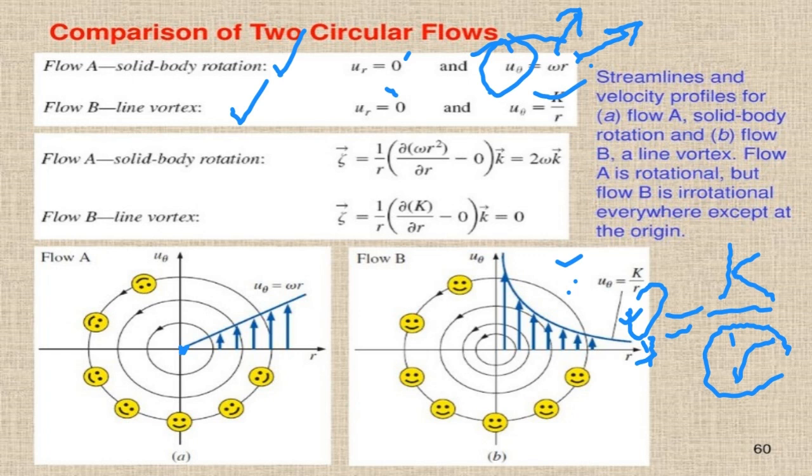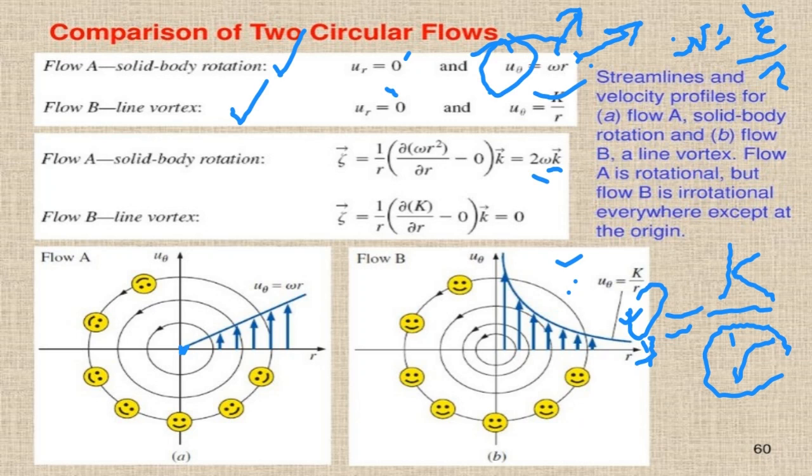So the vorticity is 2 omega. If vorticity is 2 omega, what is omega? Vorticity divided by 2, which we should expect, right? So vorticity is 2 times omega, twice as much as the angular velocity.